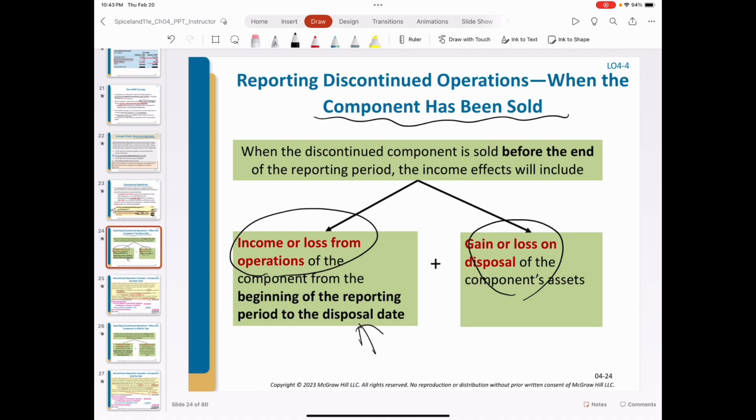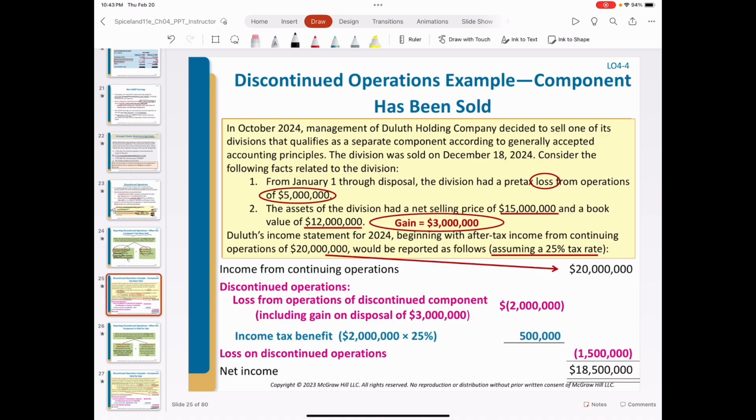In this case, for the income or losses, we use the beginning. So here we are given the information. This division was sold on December 18th. So we are also given the beginning.